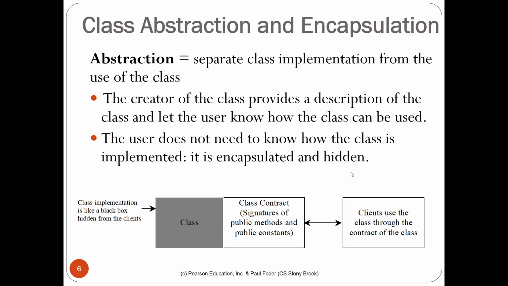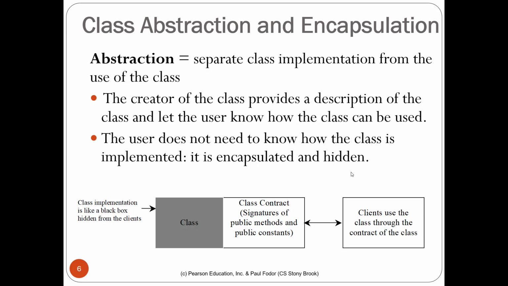Good. Now let's move on to another interesting aspect of object-oriented programming, which is class abstraction and encapsulation. This has to do with what we have done till now. Think about the Random class.